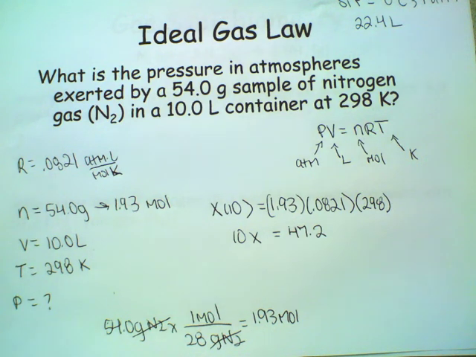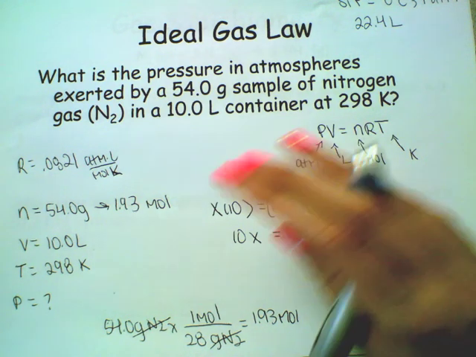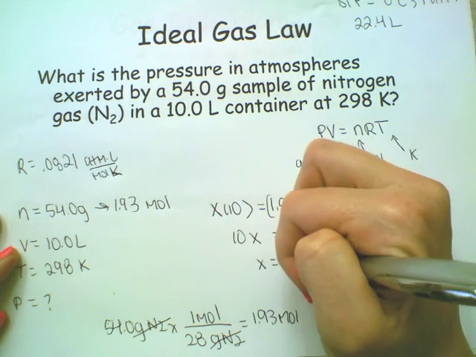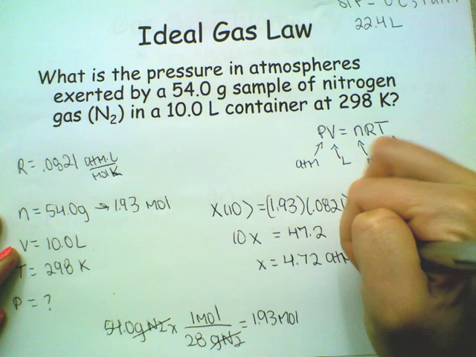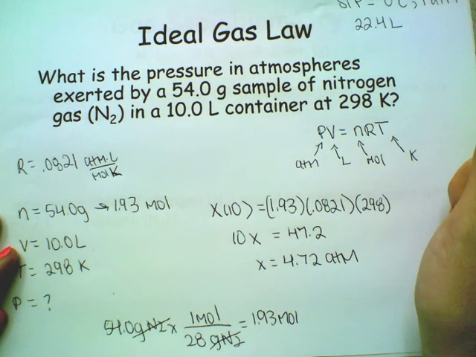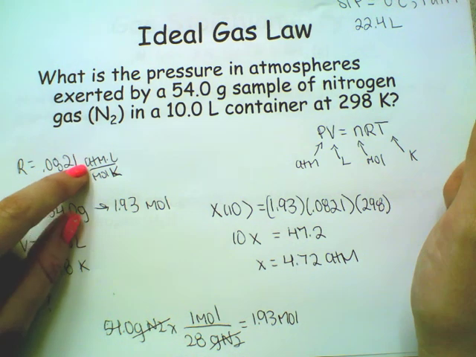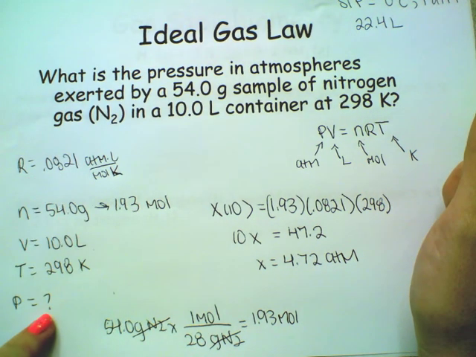And then I'm going to divide both sides by 10. X equals 4.72 atmospheres. And I know that I'm left with atmospheres because the unit for pressure in my gas constant is atmospheres. So this will also be atmospheres.